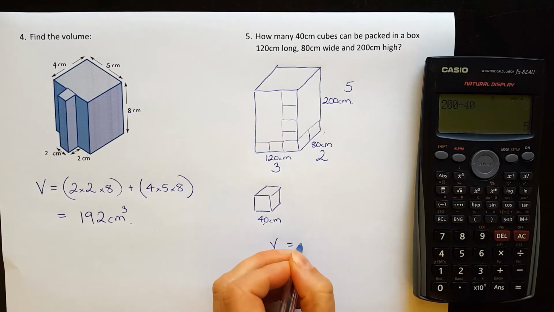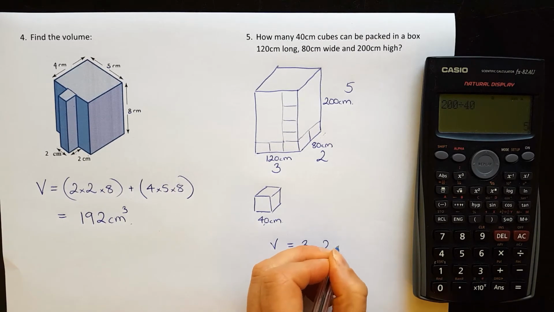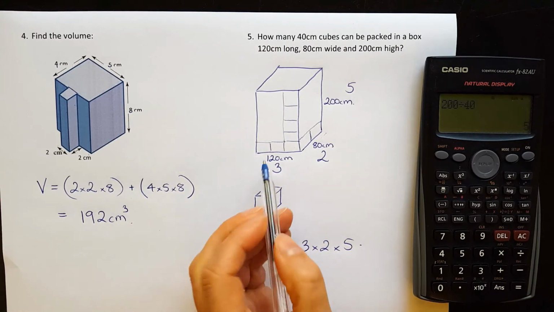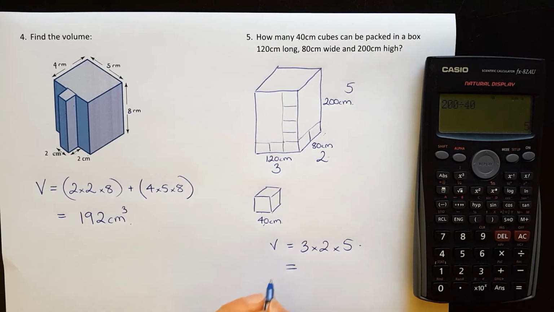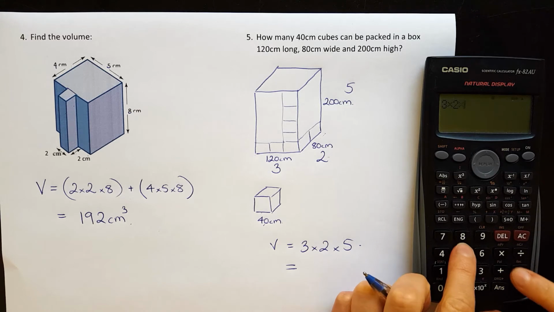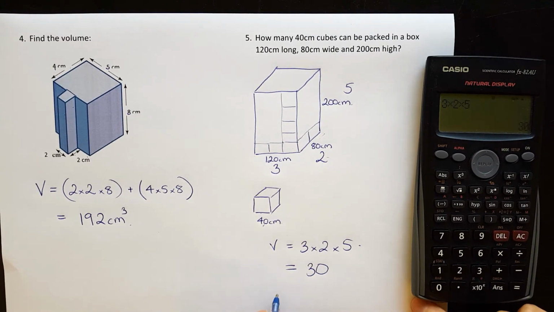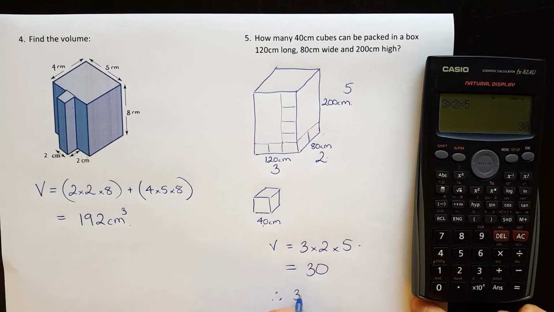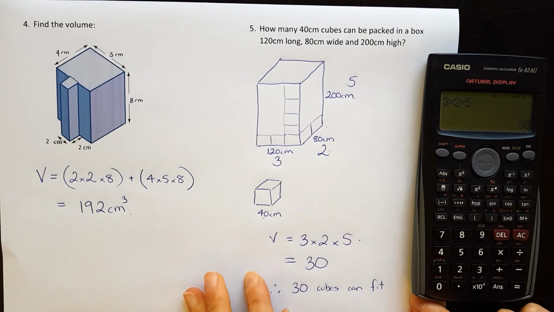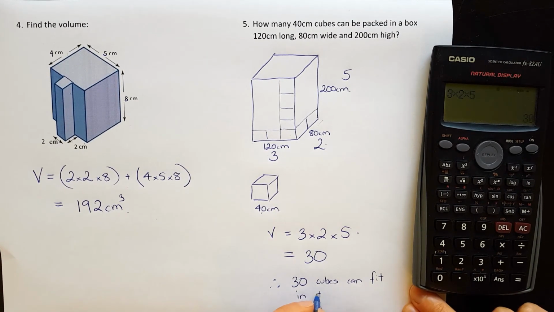It's going to be 3 times 2 times 5. So 3 times 2 times 5 is 30. So that's my answer. Therefore, 30 cubes can fit in the box.